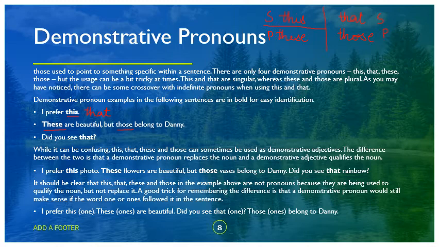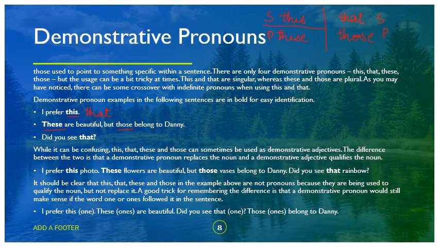If a word comes right before an adverb, that is an adjective. So different functions are performed by the same words. Just pay attention to the kind of position they occupy in a sentence.